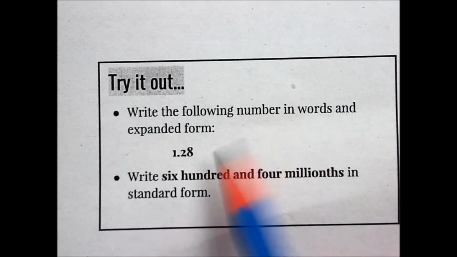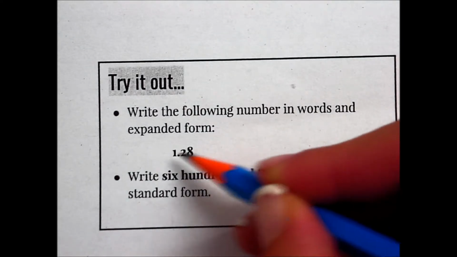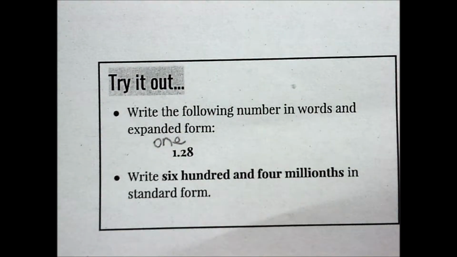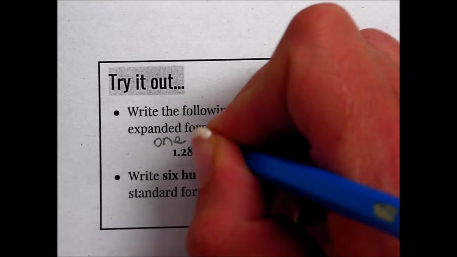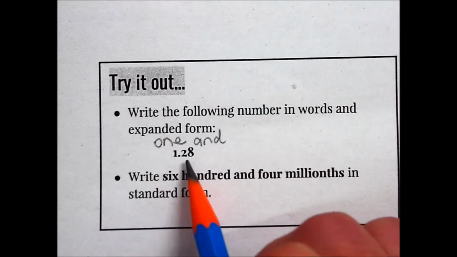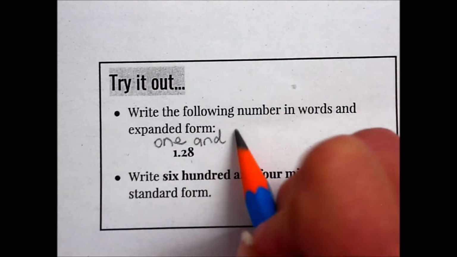Let's write these numbers in words and expanded form. We'll start with words. The whole number is just 1, so you write 1. We'll write out the word that means decimal, and that is and. Now we look at the decimal. It's 28.